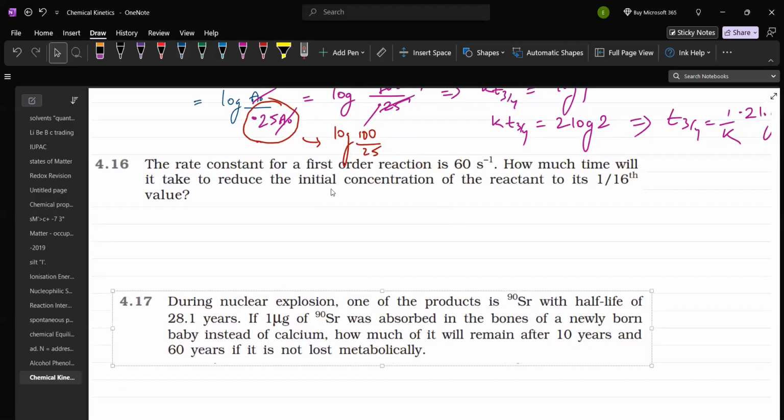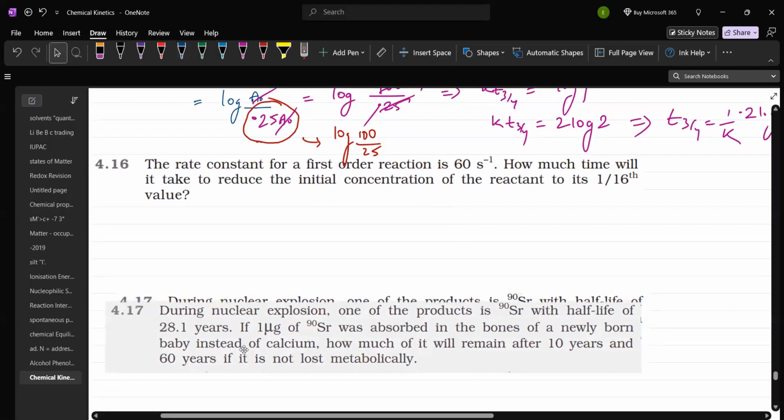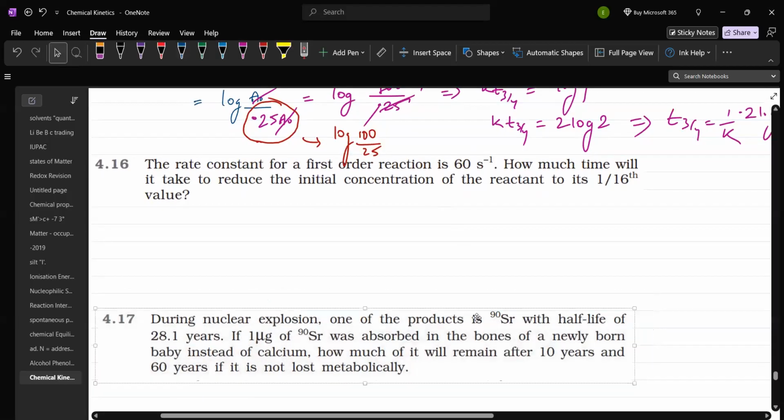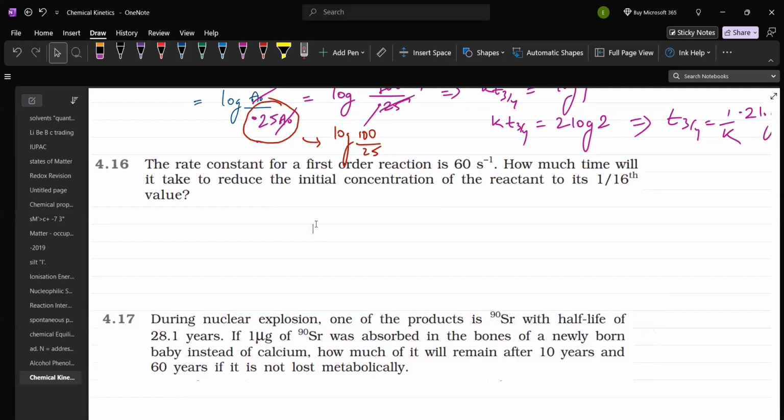Please answer in the chat box. Then try to solve the second one. 4.16 you can do by that logic also, whichever way you can try. Can you see the second question?